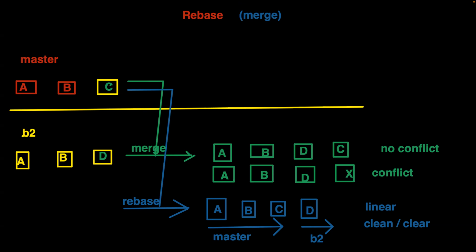Hello, madam. We just discussed rebase now, madam. Yeah, that linear fashion A, B, C, D. Then how will that merge look in this fashion? Merge means you're getting changes from one branch to another. Commit C is from master, and you got it into B2, right?